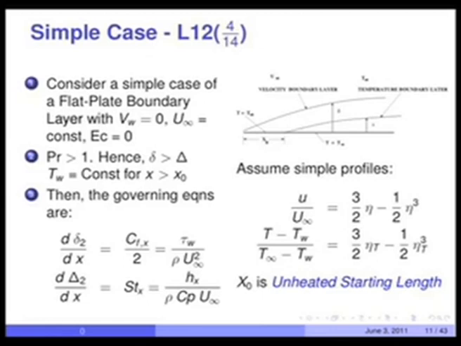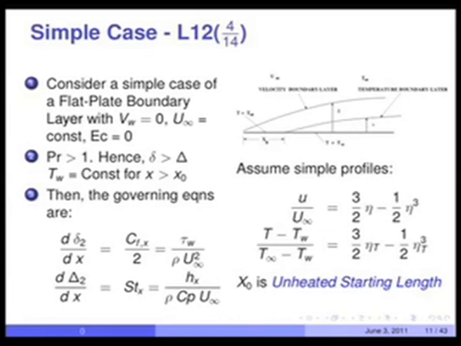Again, to simplify matters, instead of taking the longish fifth order profile, I am going to take very simple profiles: u over u infinity equal to 3 by 2 eta minus 1 by 2 eta cube. You will see that this profile satisfies the boundary condition u equal to 0 at eta equals 0, which is at the wall.